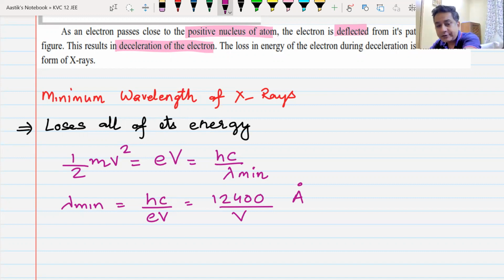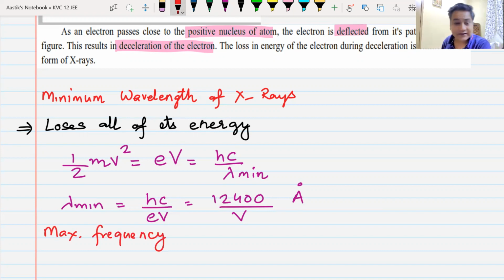As soon as we talk about minimum wavelength, that means it will have maximum frequency. What will be the value of that maximum frequency?